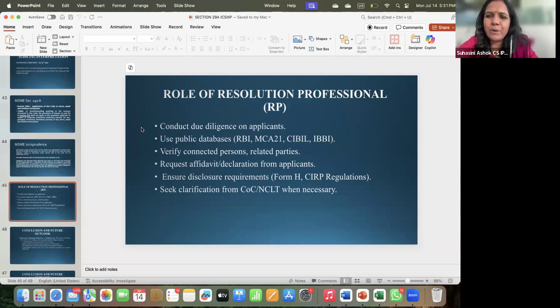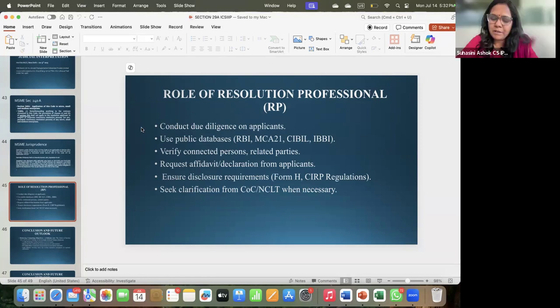This is a mandatory requirement. When the RP is submitting the diligence report to the COC before the approval of the plan, there are mandatory contents given under the regulation. So we need to tick mark all of those. While ticking, there is an affidavit also, the affidavit submitted by the PRA while submitting the plan. If that affidavit is not there, you cannot take this plan forward.